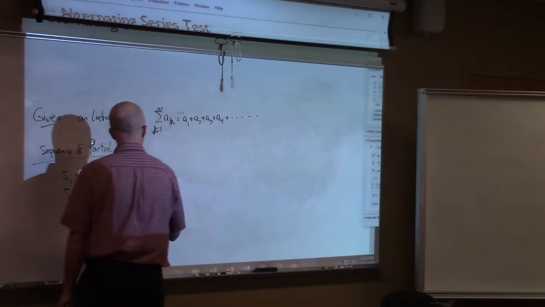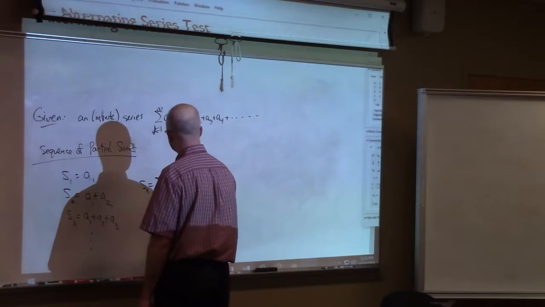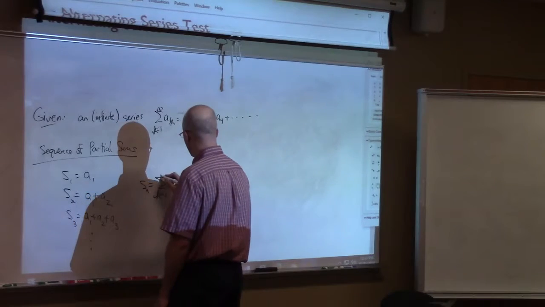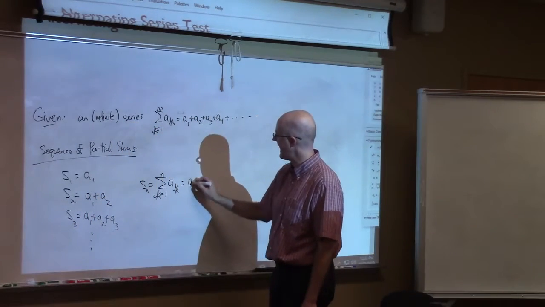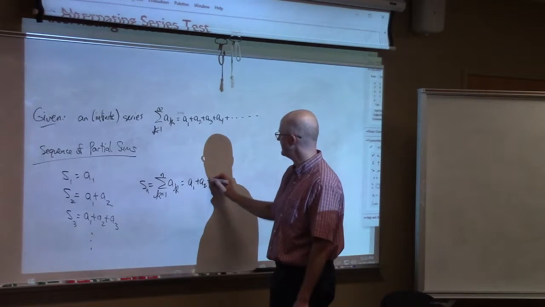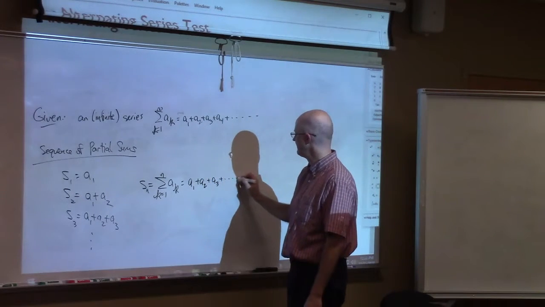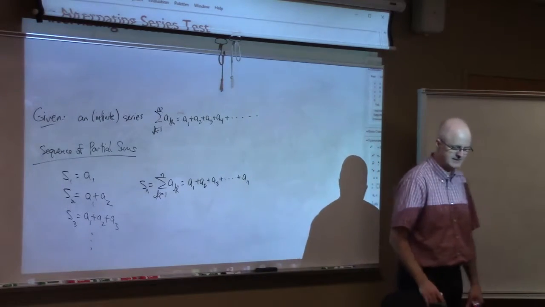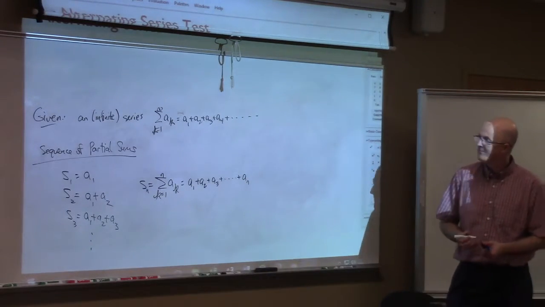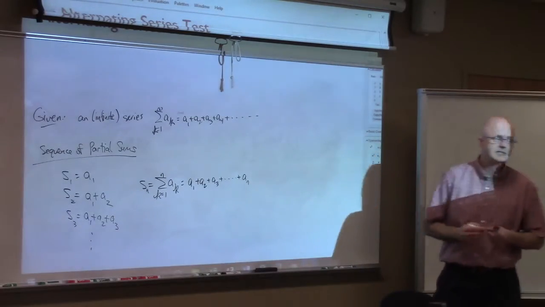In general, the nth partial sum is the sum of the first n terms. With summation notation, you'd write it like that. Without summation notation, you'd write it like this, where n is a positive integer, 1, 2, 3, 4, 5, 6, 7, etc. That's a sequence, not a series.